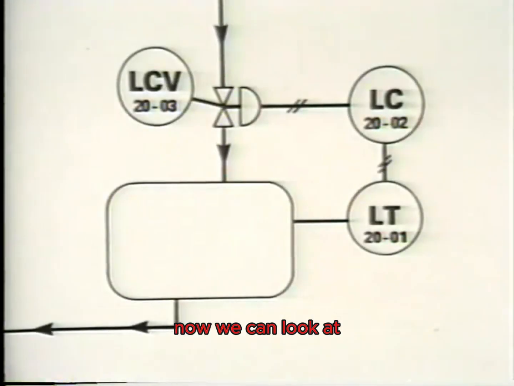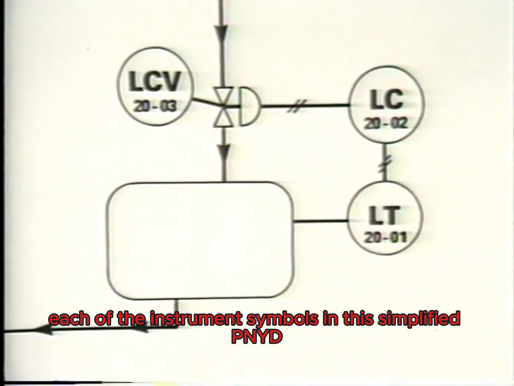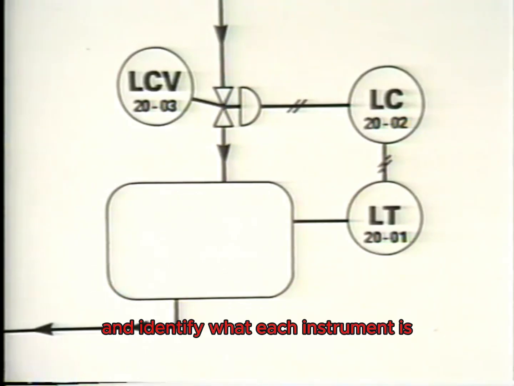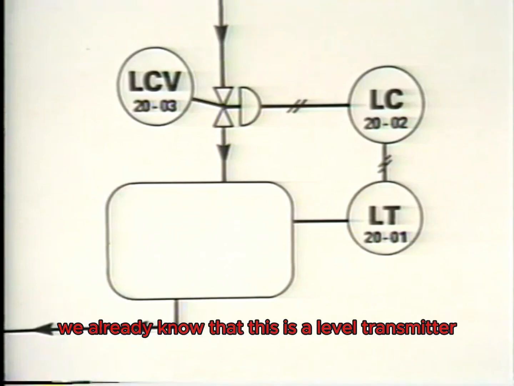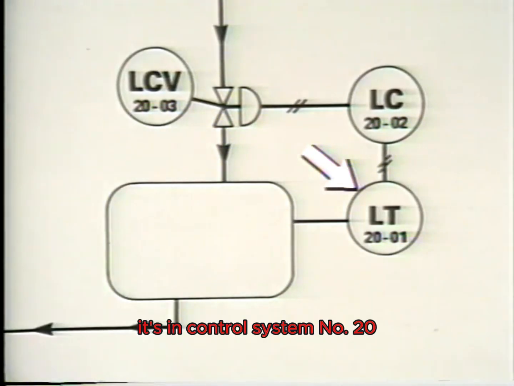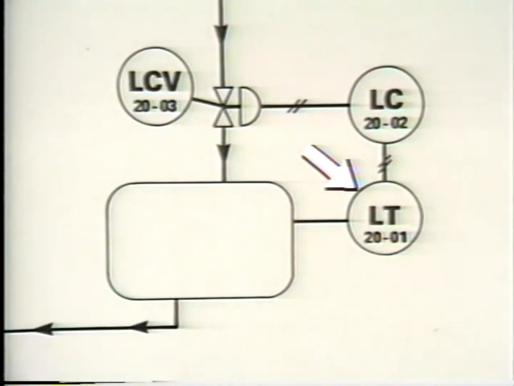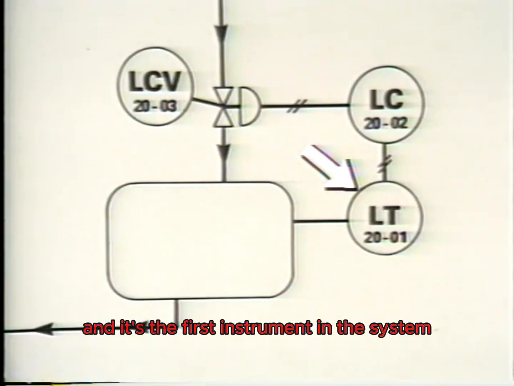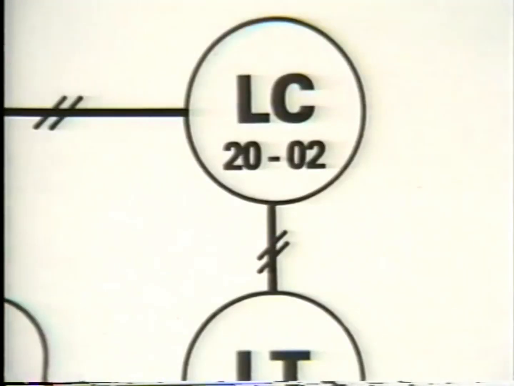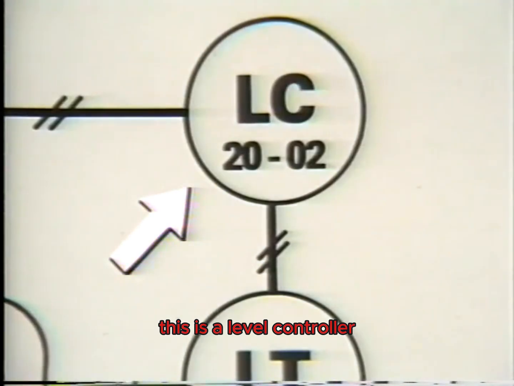Now, we can look at each of the instrument symbols in this simplified P&ID and identify what each instrument is. We already know that this is a level transmitter. It's in control system number 20, and it's the first instrument in the system. This is a level controller.